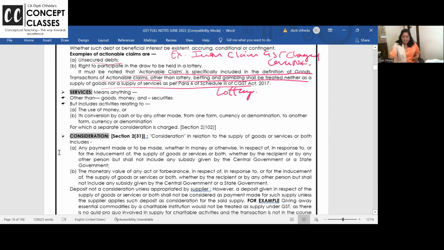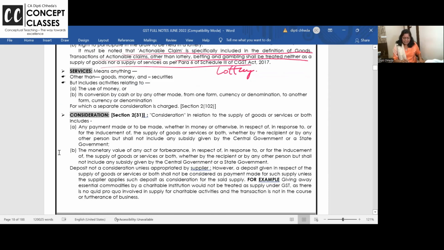Service. Now goods are over. Service means anything other than goods but excluding money and securities, and includes activities relating to use of money.